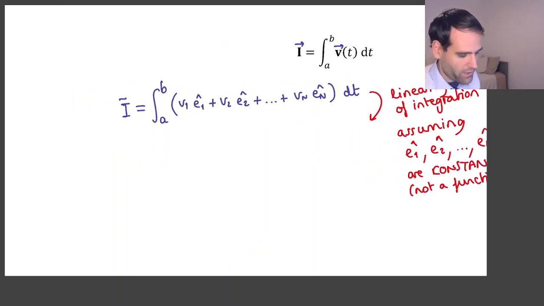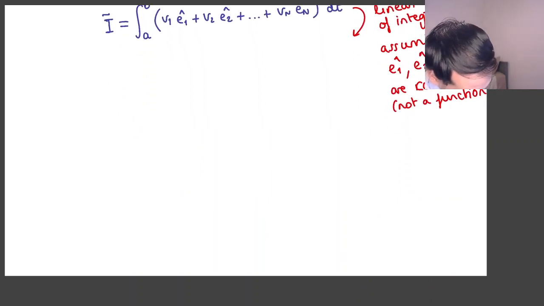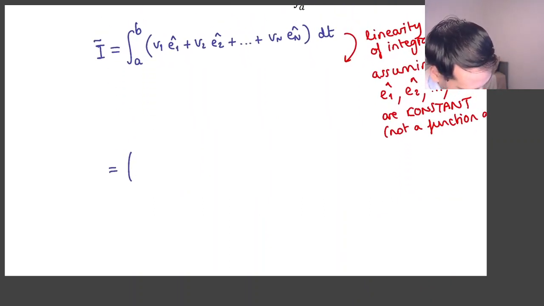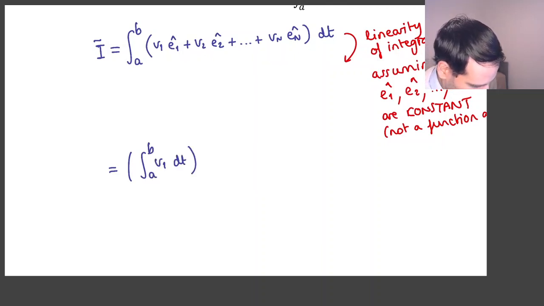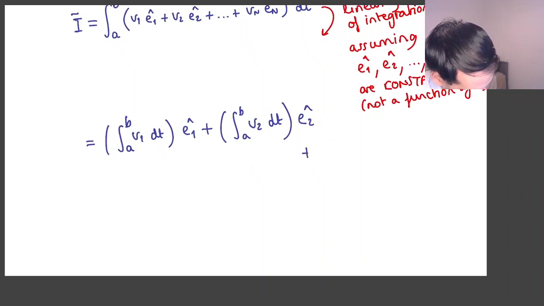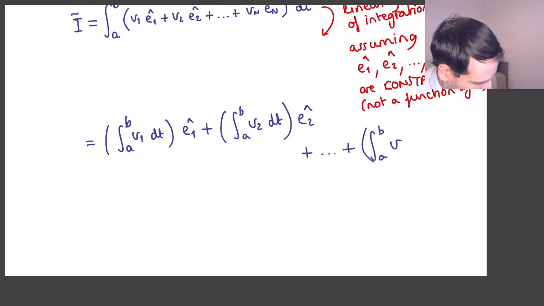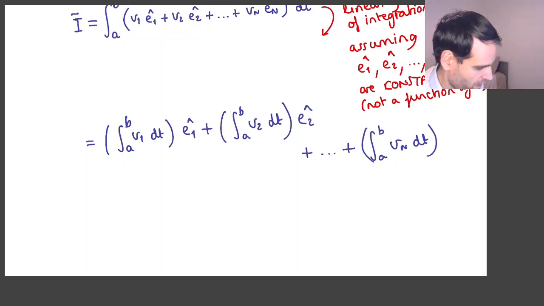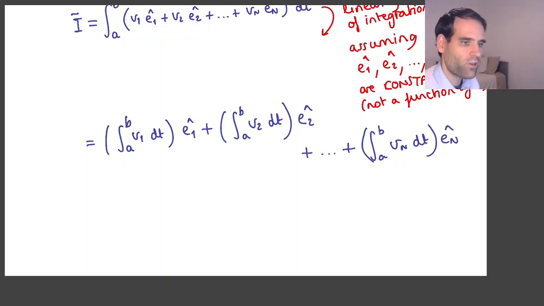You can just apply linearity and take them outside of the integral, so that the result is equal to the integral from a to b of v1 dt times e1 hat plus the integral from a to b of v2 dt times e2 hat plus dot dot dot the integral of a to b of vn dt times en hat. Okay, so that's how you calculate the integral of a vector.